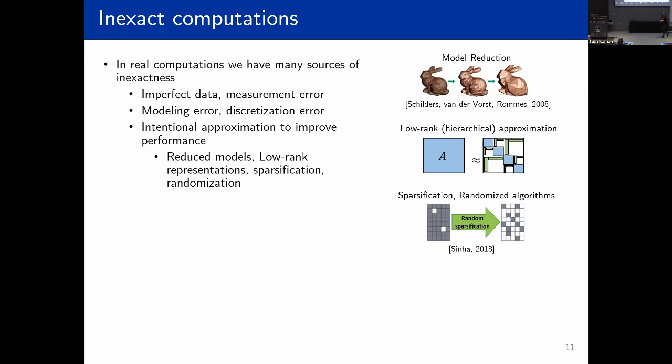On top of that, we often use some intentional approximation at the algorithm level to make things faster. I might do some model order reduction. I might do low rank or hierarchical approximation of my matrix to make computation faster. Or I might sparsify, randomly dropping very small entries. I might use a randomized algorithm. So we have a whole hierarchy of errors that we make and are okay with a lot of the time.